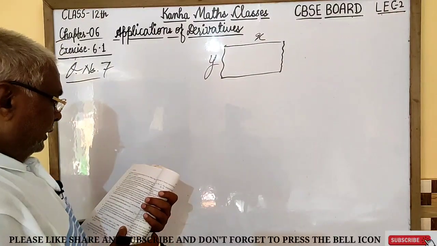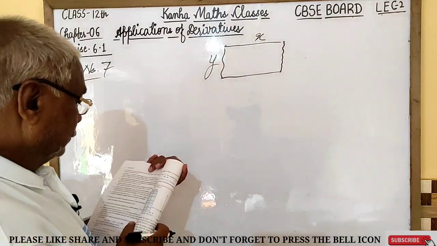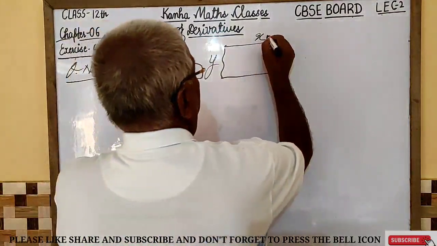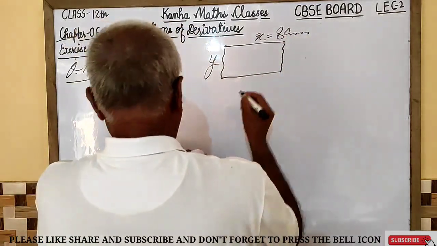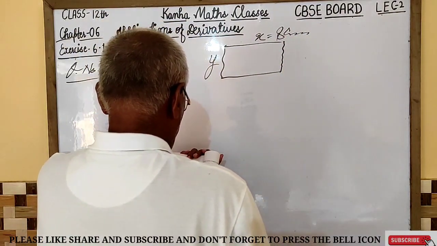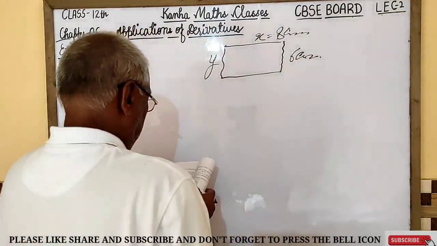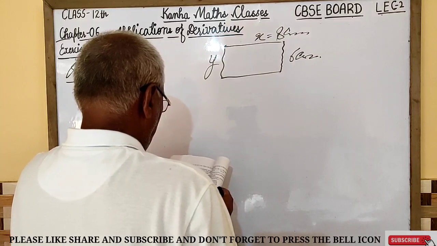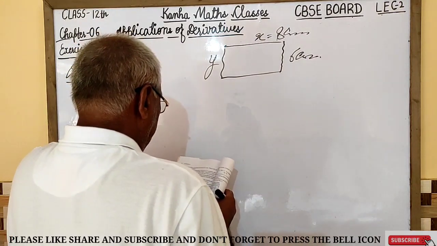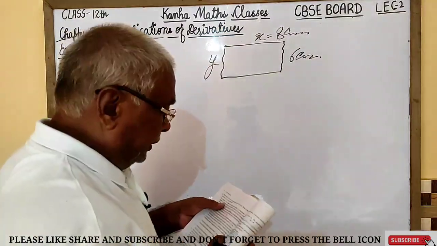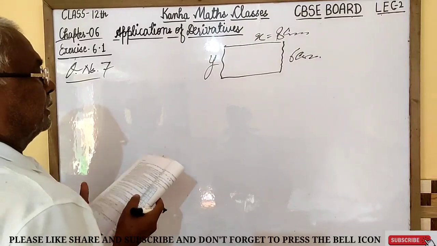The length x is equal to 8 centimeter and the width y is equal to 6 centimeter. The length x of the rectangle is changing at the rate of 5 centimeter per minute.